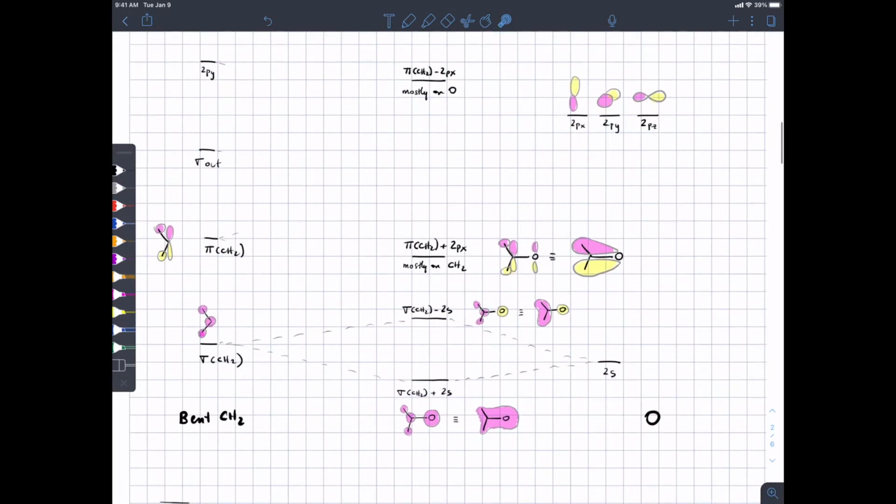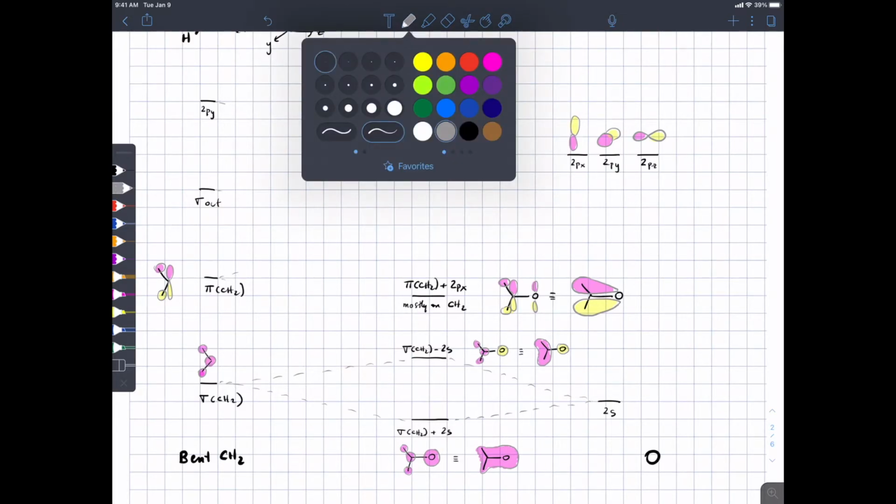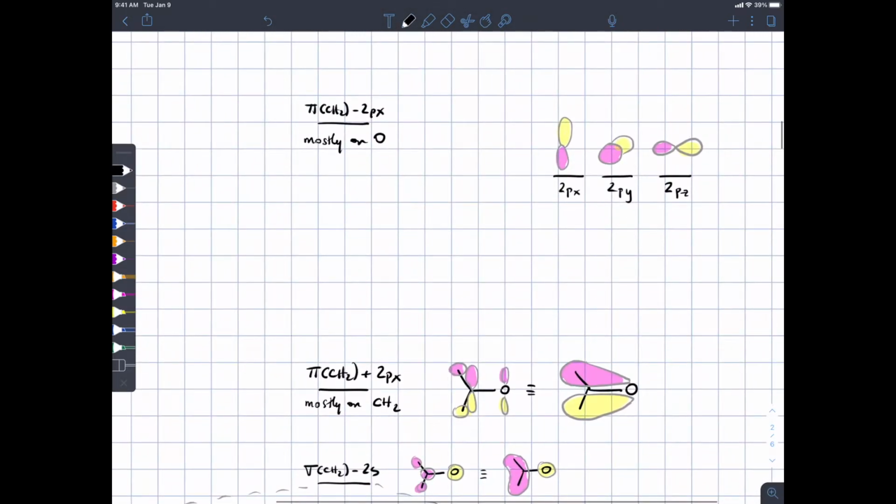Okay, and then let's draw the minus combination. And we expect that to look like this, mostly, as we said, larger orbital coefficient on the oxygen, a little bit less on the carbon, and we expect a phase change in between the two nuclei.